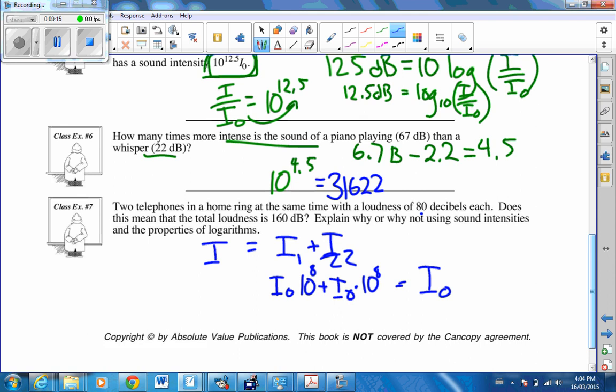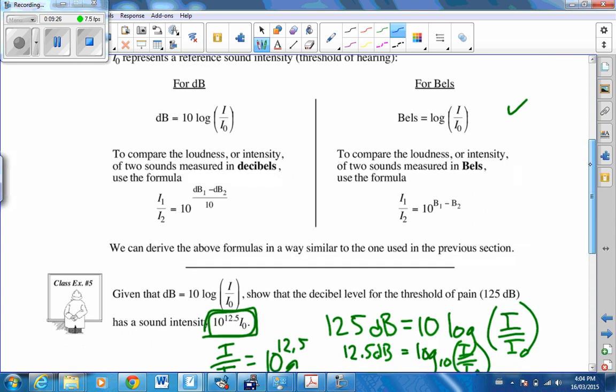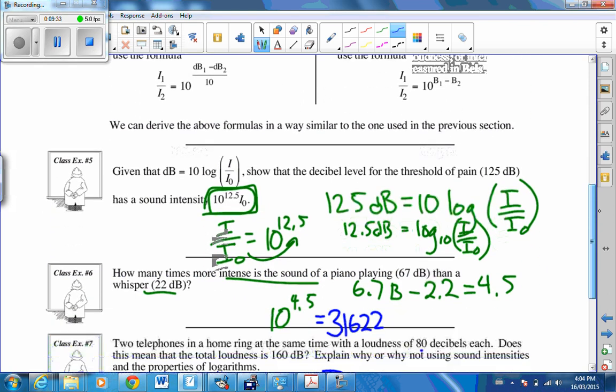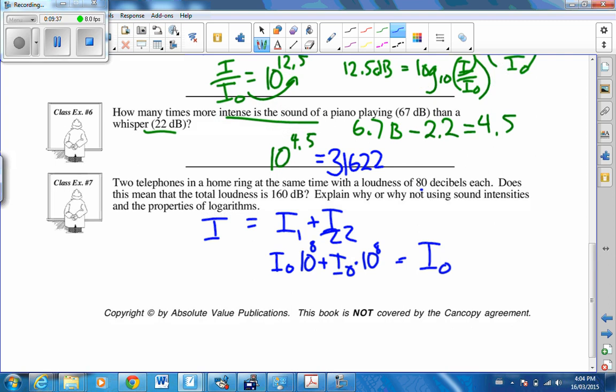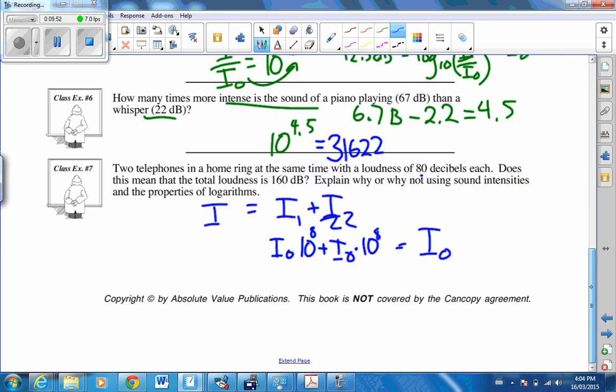Log I over I naught. Well, anyway, if we assume that I naught is basically just like 1, it goes away, or I can even factor it out.